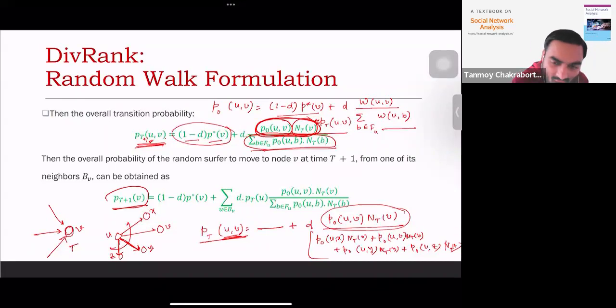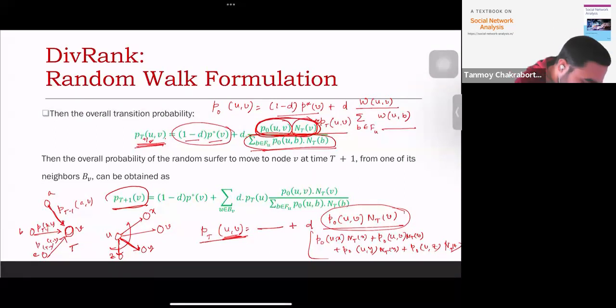This is simple, because you know the transition probability. Say these three nodes, A, B, C, are pointing to v, and you know P(t-1)(A,v), P(t-1)(B,v), P(t-1)(C,v).